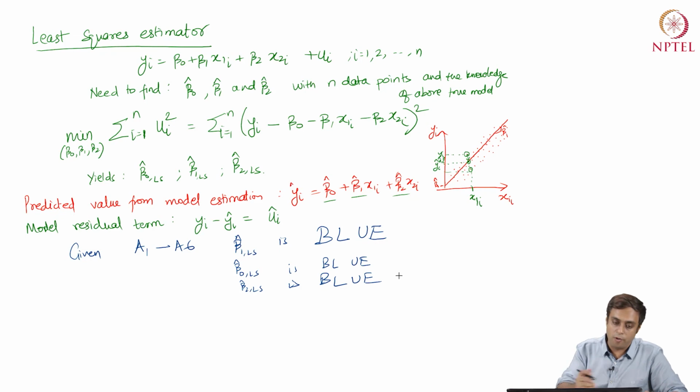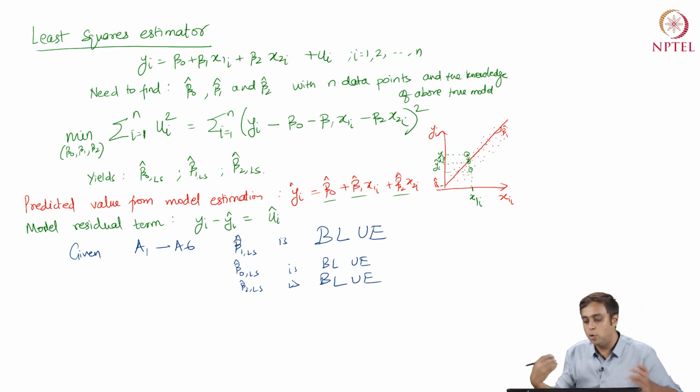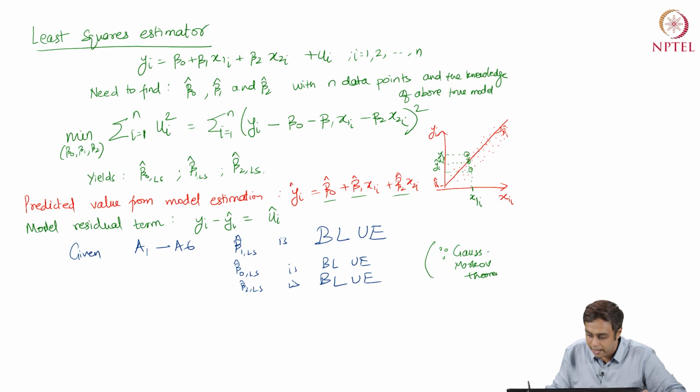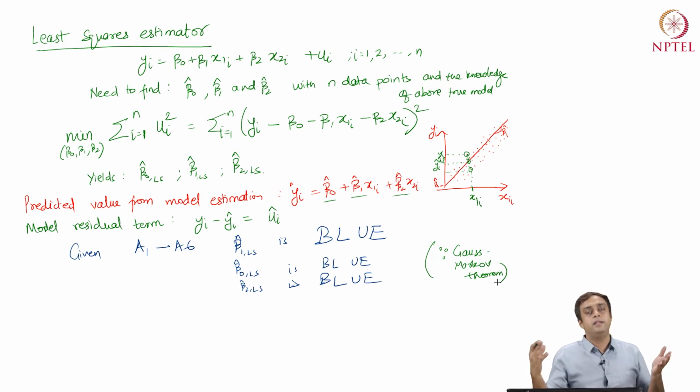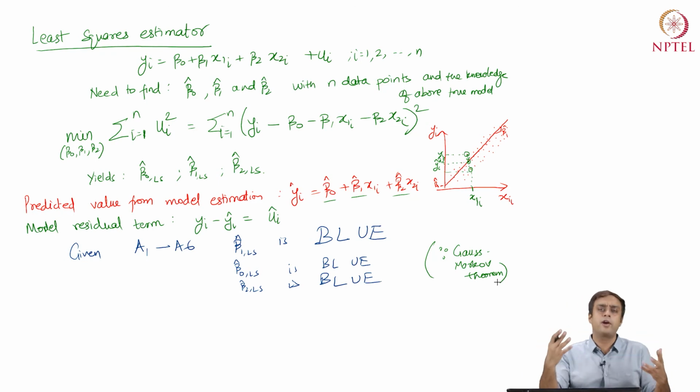This idea of a BLUE estimator you should study from what is called the Gauss-Markov theorem, again articulated very well in Wooldridge's book. Otherwise, the Gauss-Markov theorem is so popular that, we don't have time in this course to go over it, but any introductory econometrics course basically introduces it.